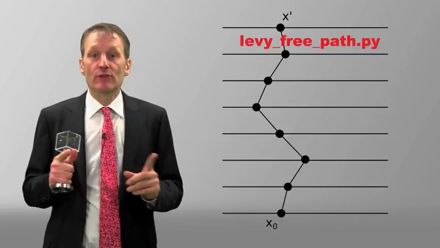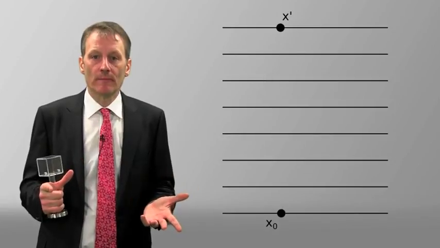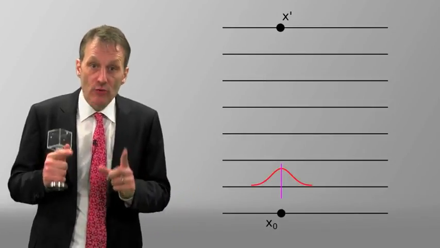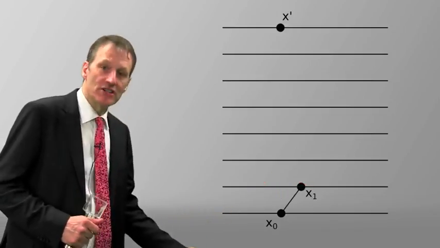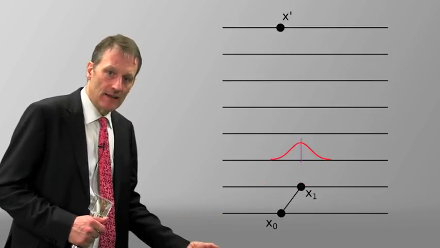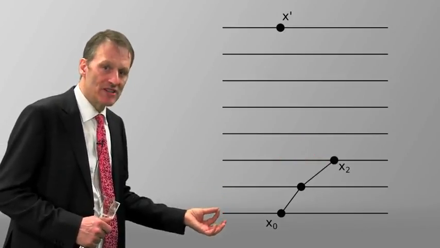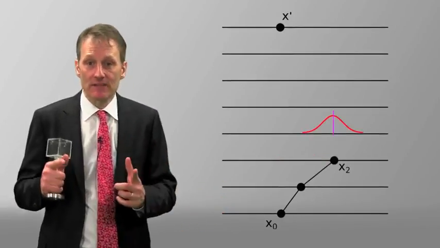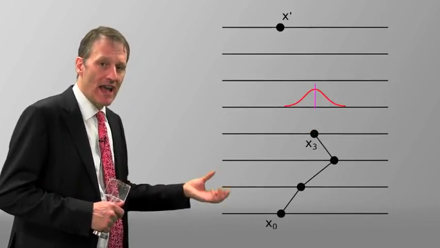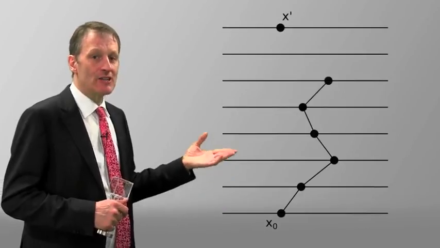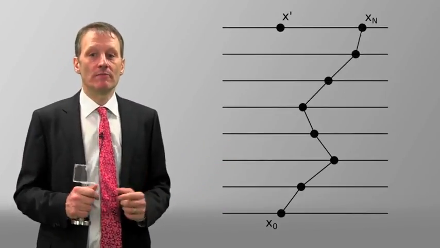Without this return condition, we would simply have a random walk, and we would sample the position x1 from the given position x0. Then we would sample the position x2 from the given position x1 as a Gaussian. Then we would sample x3 from x2, x4 from x3, and so on until xn from xn minus 1.